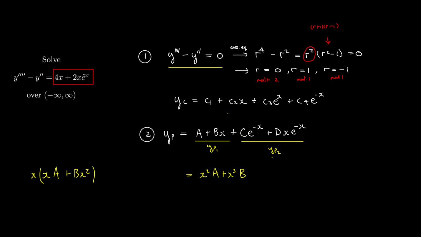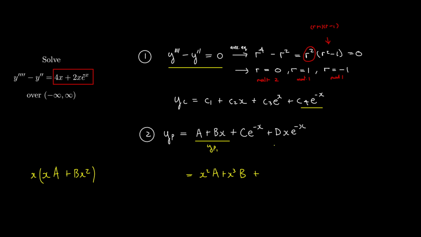The next thing here is also, we have a term which is appearing in the homogeneous equation here, it's this one. Because this one here duplicates with this here. So, what we need to do here is now just multiply by x.